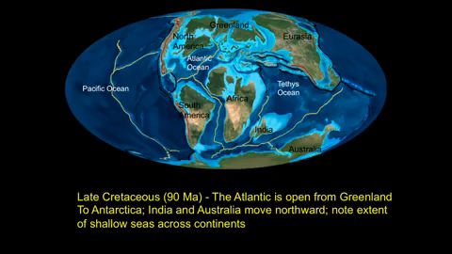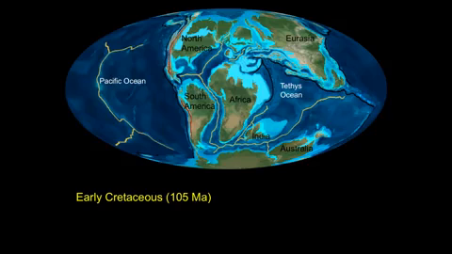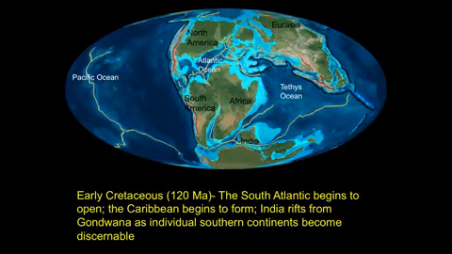The Atlantic is starting to close up as well. So this was the point where rifting had started in the Atlantic, particularly in the southern hemisphere. And so by the time we get to 120 million years ago, we see that the South Atlantic has closed up. We see the formation of the Caribbean.